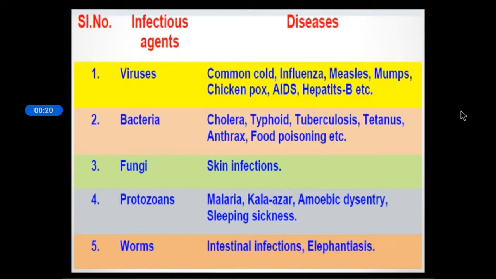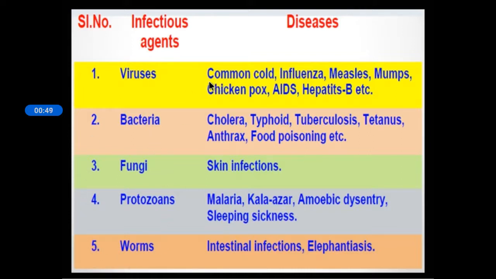The agents which cause infectious diseases are called infectious agents, also known as pathogens, the disease-causing organisms. What are the examples of these infectious agents? Viruses, bacteria, fungi, protozoans and worms are the infectious agents which cause different diseases.